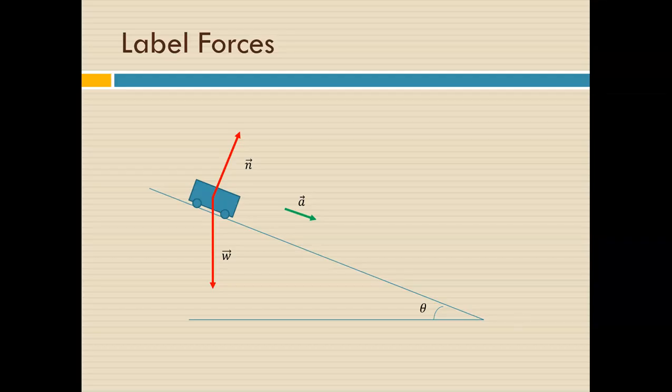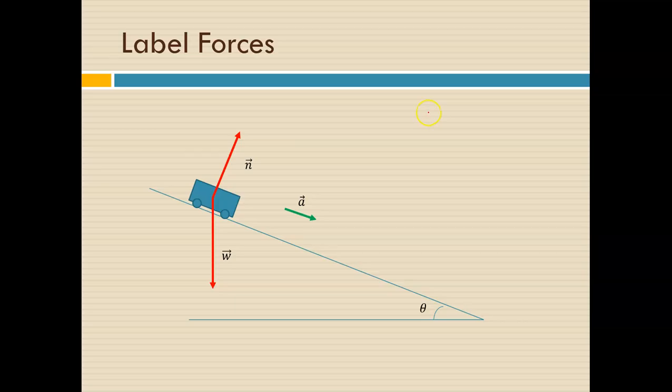Also notice when I draw my free body diagram that I have them originate from the same point. These are the forces acting on the cart. The hill's pushing the cart up and to the right. The earth is pulling the cart straight down. Now we want to find the net force, which is simply the sum of the forces.